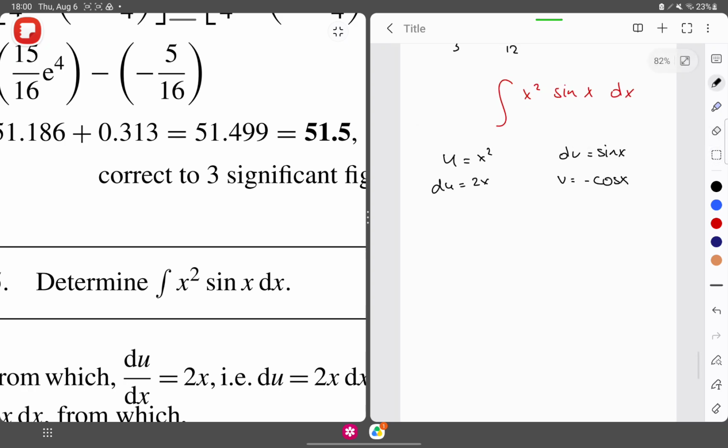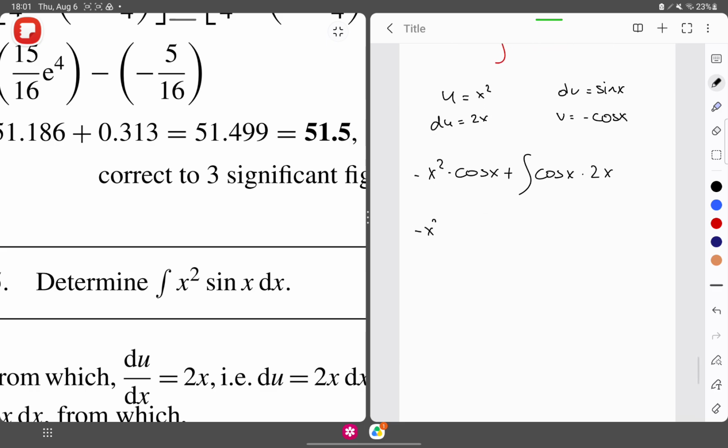Okay, let's do negative x squared cosine x minus integral of x squared, negative cosine x, 2x.